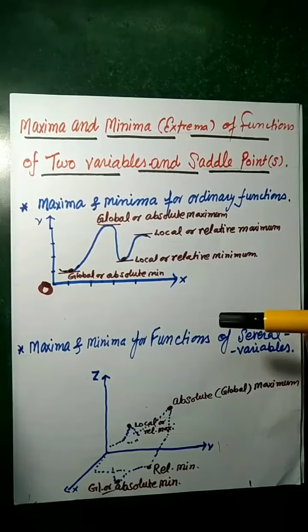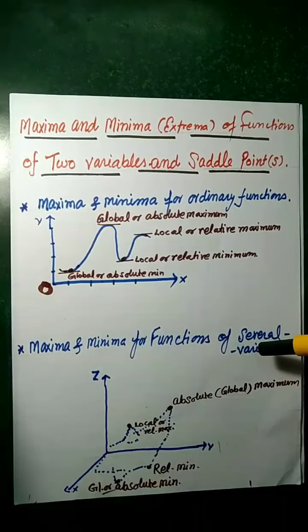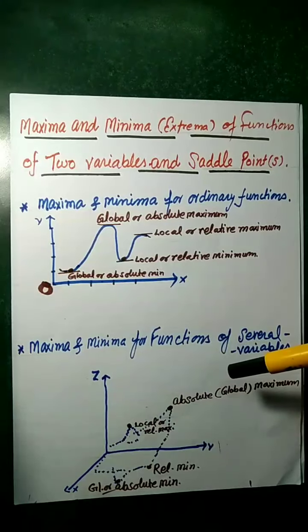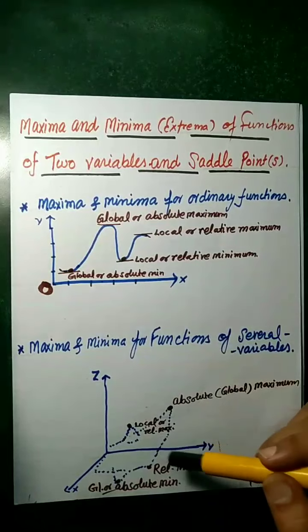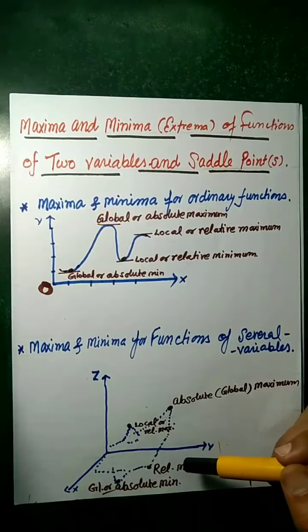Now if we see maxima and minima of functions of two variables, generally known as several variables. So three mutually perpendicular axes are here, and we have a surface.